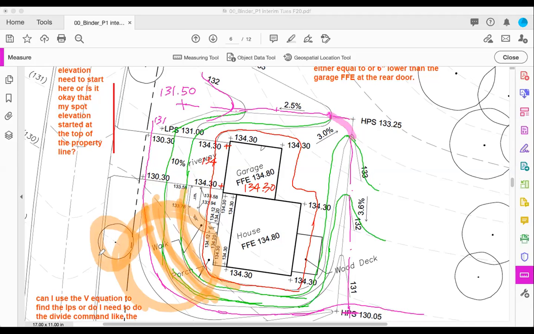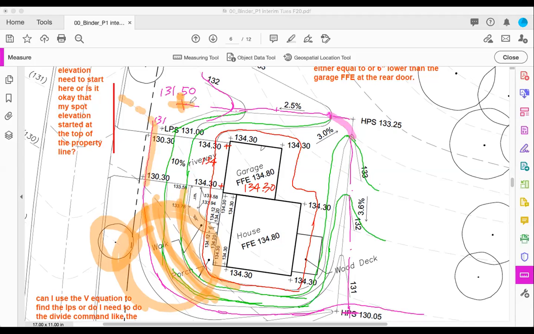Since hypothetically you made my LPS 131.50, but I don't think that's enough space for my 131 contour. Your 131 will connect here, right? Oh, so I don't have to put it in that center line? This is your LPS.